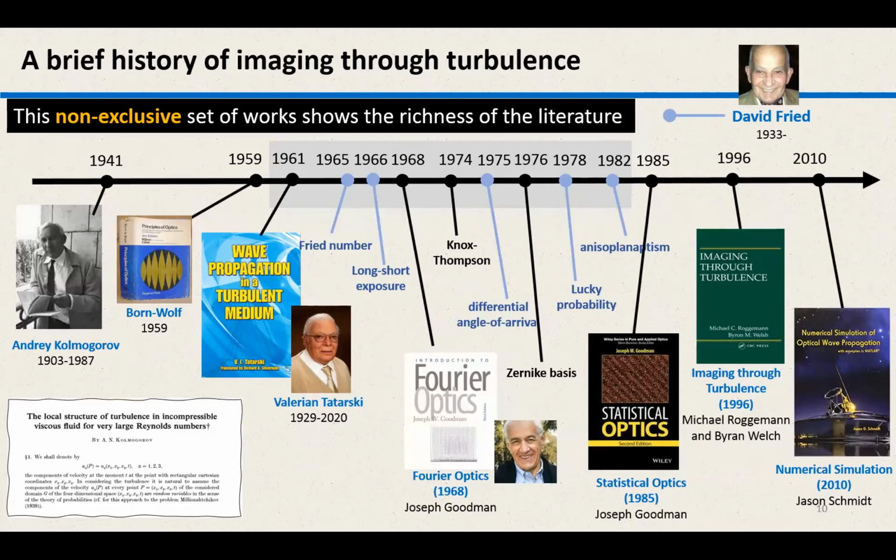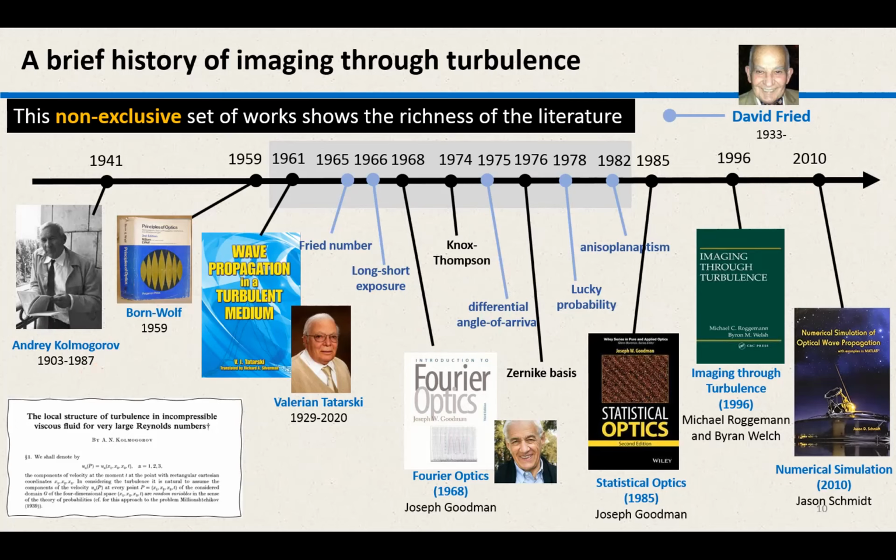The history of imaging through turbulence is very, very long. And I cannot even include earlier work, including Isaac Newton and Galileo Galilei, who observed these phenomena hundreds of years ago. I will start with Andrei Kolmogorov's seminal paper, where he defined what atmospheric turbulence is.